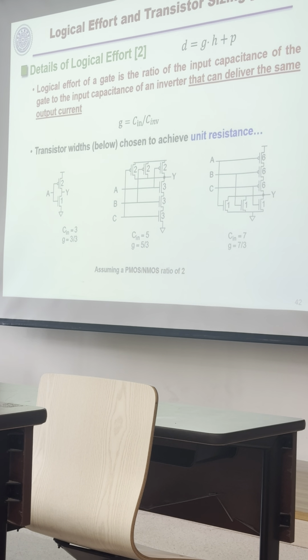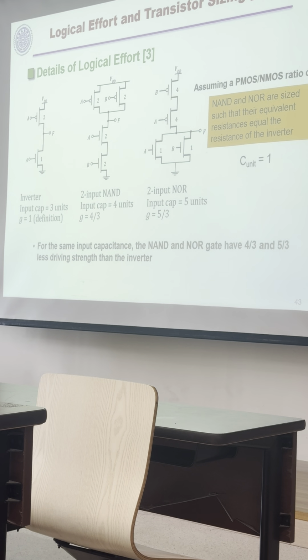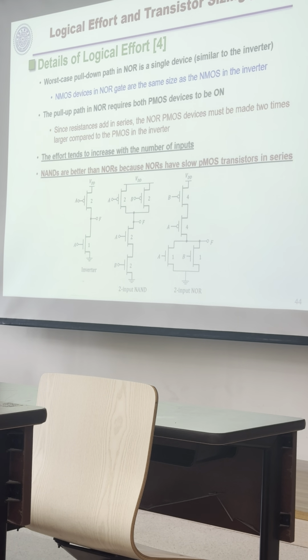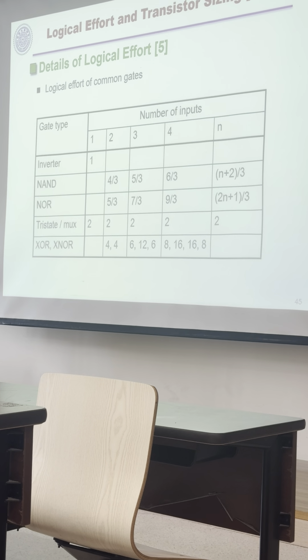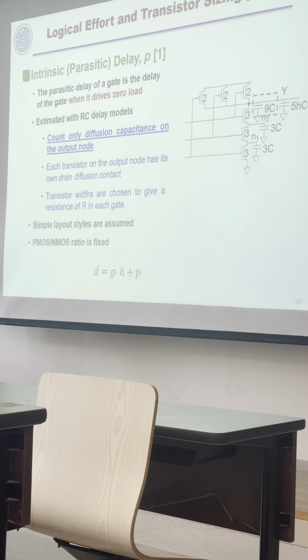Maybe you can do some exercise. I don't make any homework, but actually we do a lot of exercise in the class. Sometimes you calculate and can use this kind of equation. How do you use this equation to get this result? This table will be given to you, so you don't need to memorize it. So how to calculate the product, parasitic.